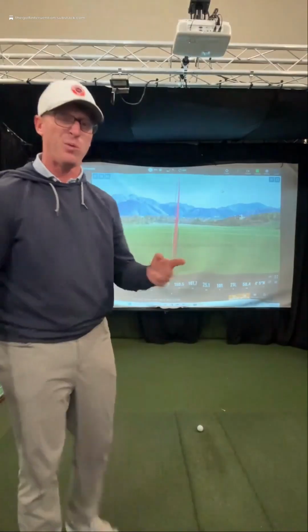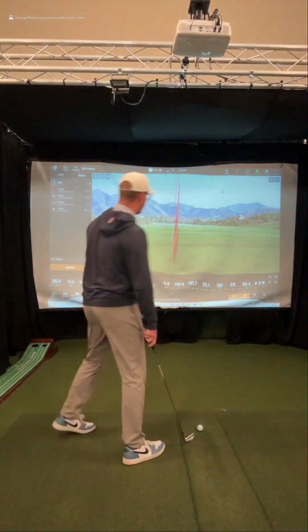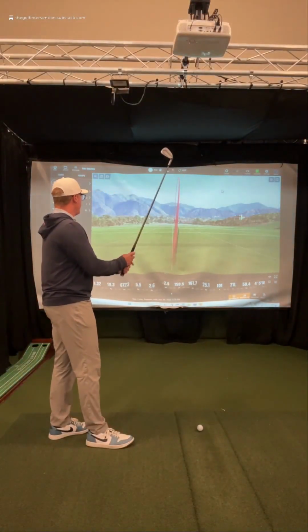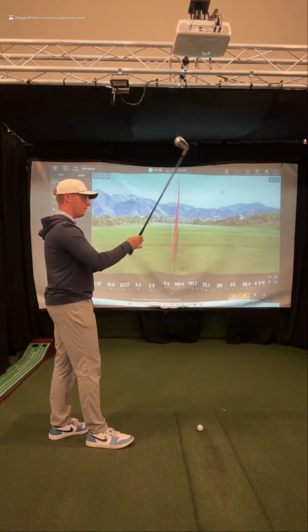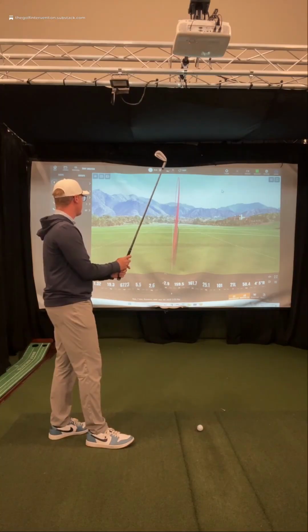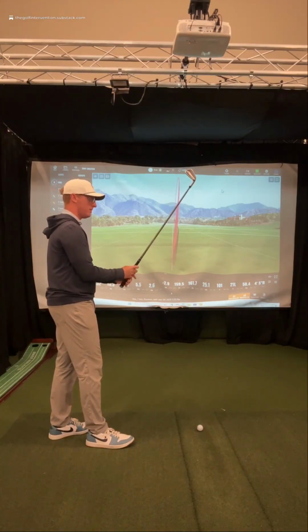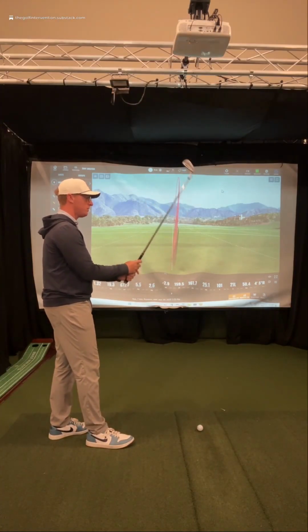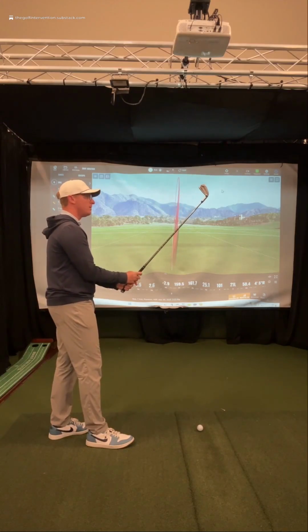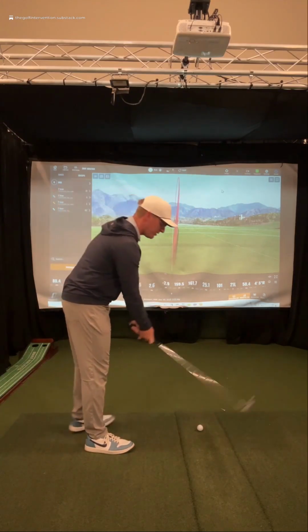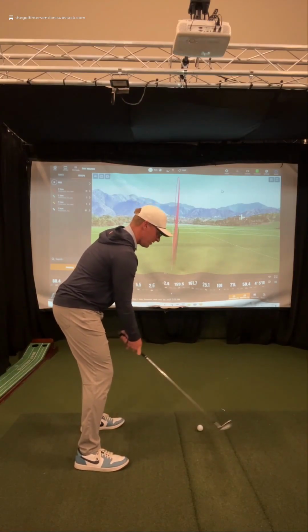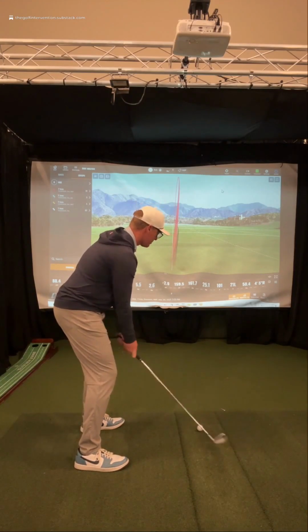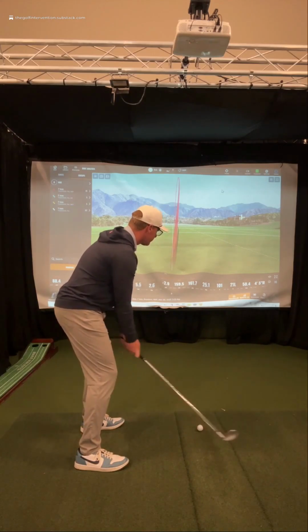203, we're going to give it maybe one or two more swings, if you will. It did mostly draws today. I'm going to see if I can get one to go the other direction here. So you have a little fade, which is not my normal. When I'm swinging well, I don't necessarily curve it much, but it might be interesting to just see, hey, can I do a little fade here?